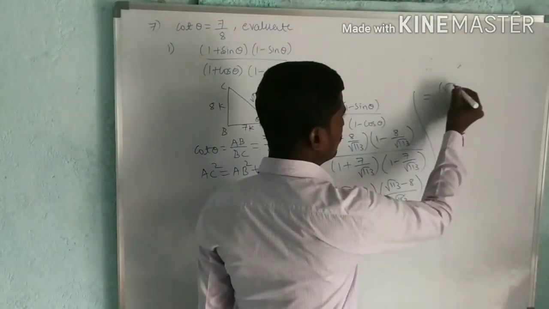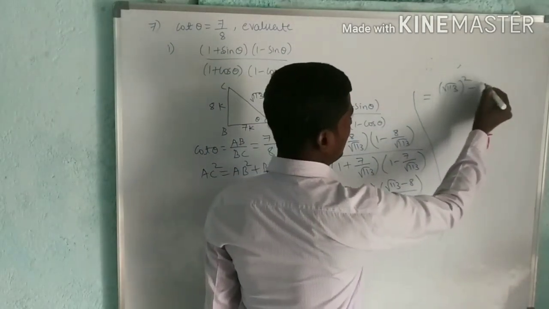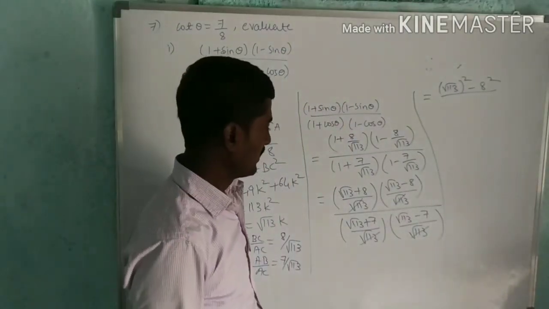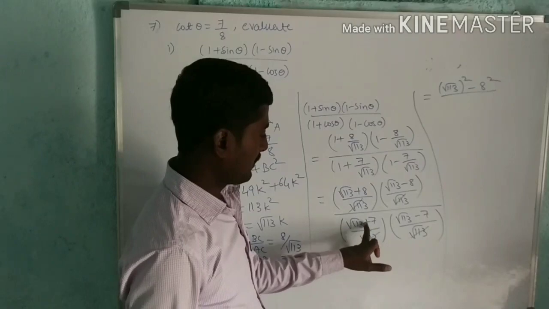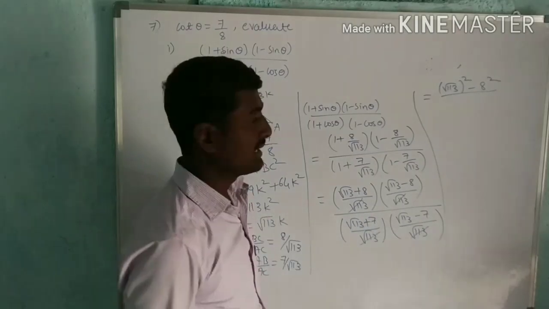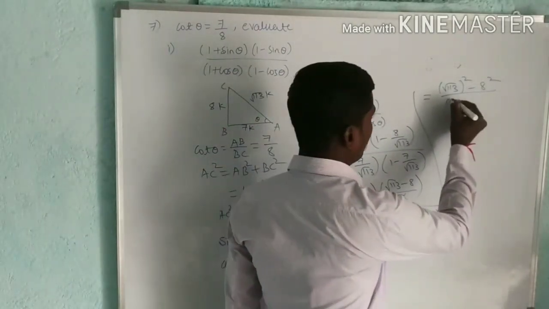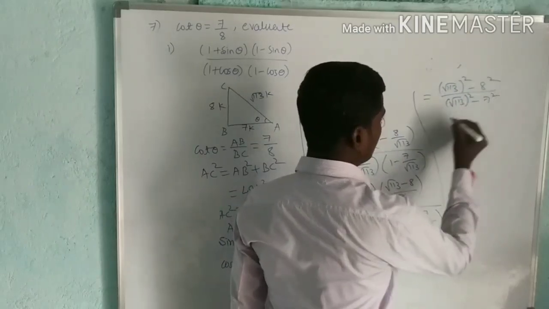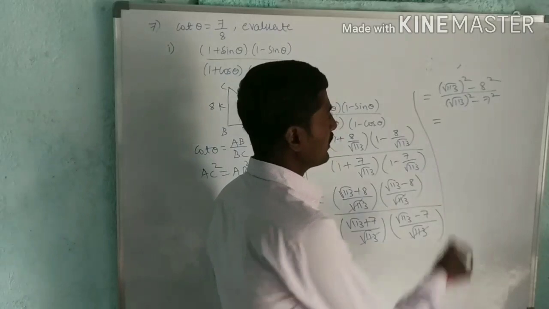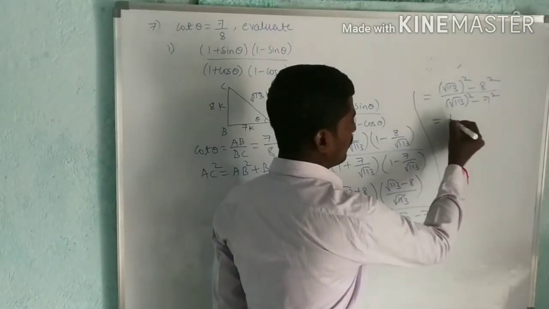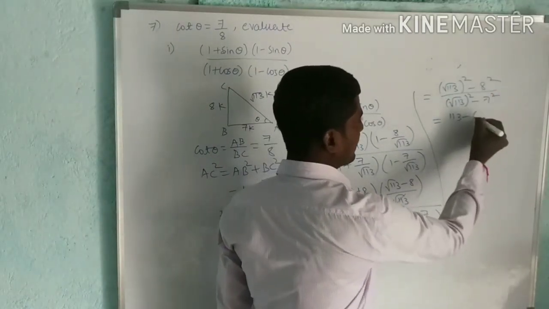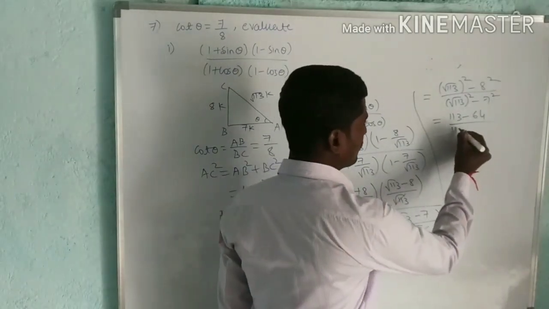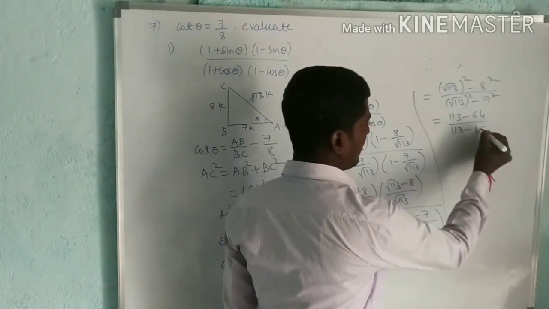I can write that as root of 113 square minus 8 square, divided by, again a plus b into a minus b, a square minus b square, that is root of 113 square minus 7 square. This is equal to root of 113 square, that is 113, minus 8 square, 64, divided by root of 113 square, that is 113, minus 49.